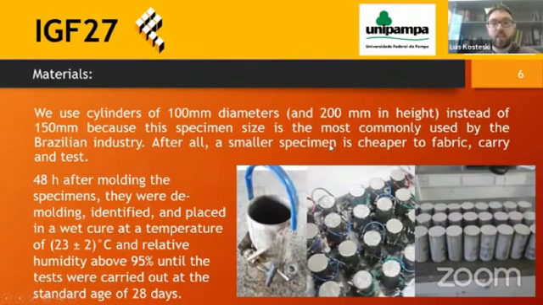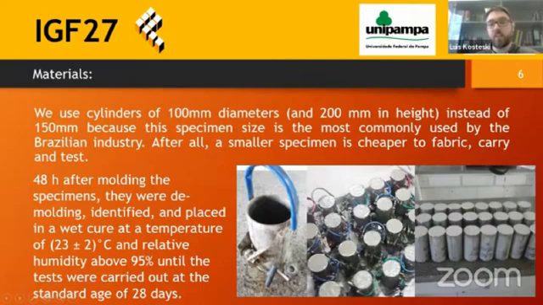We use 10 samples for each configuration, cylinders of 100 millimeter diameter and 200 millimeter height. This is the common usage in Brazil for the industry. Then we use this size of the specimens for our study.